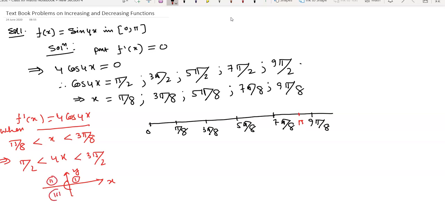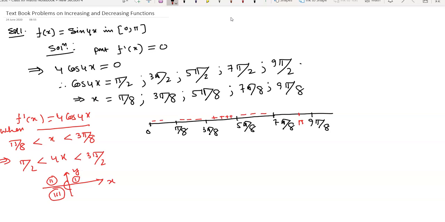In second and third quadrant, cos 4x is going to be negative. So put negative signs over there. This will be minus. Oh, sorry. I have taken this interval, no? So this will be minus, minus, minus. This will be plus, plus, plus. You need not check even.